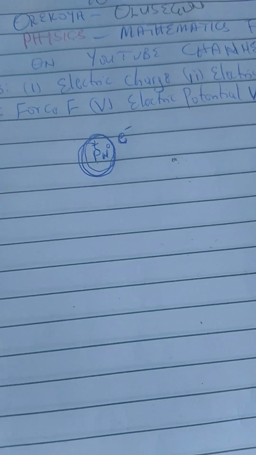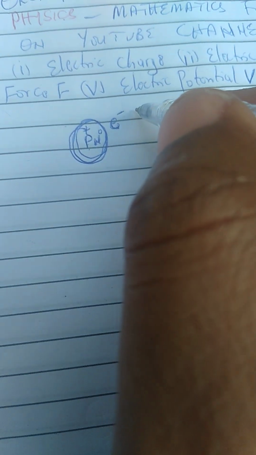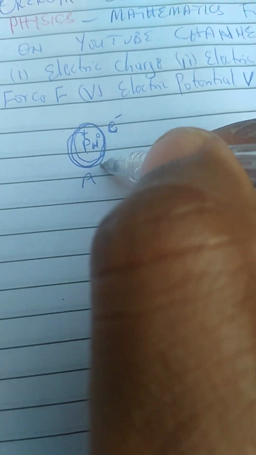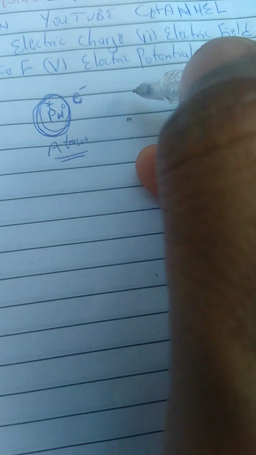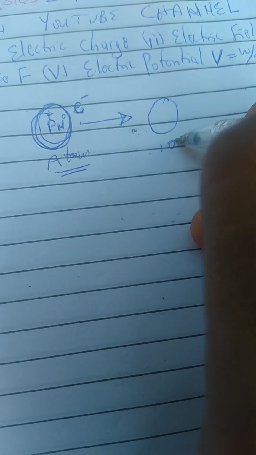Because electron is very light, it can be easily lost or easily gained by the atom. Now, if an atom loses electron, it's no longer called an atom. It is called an ion.